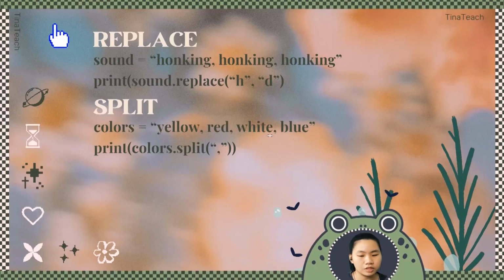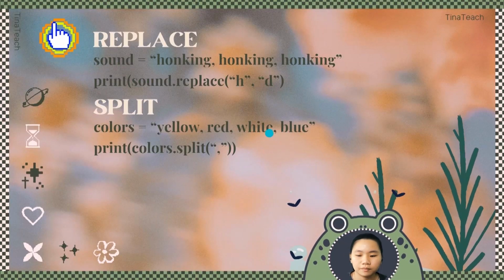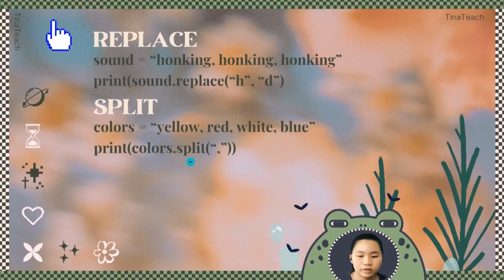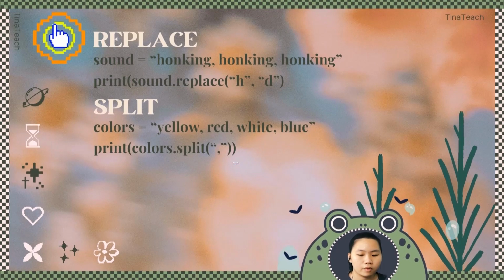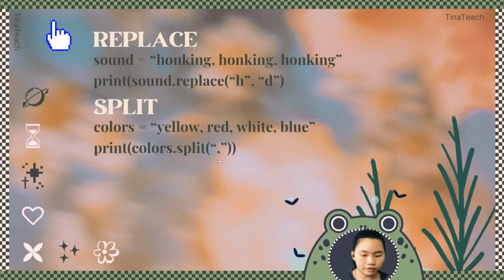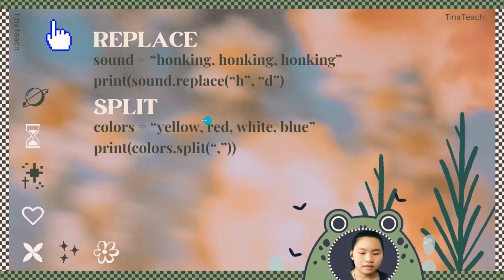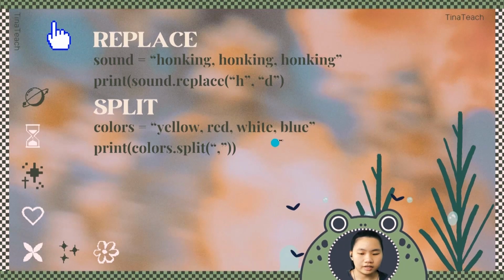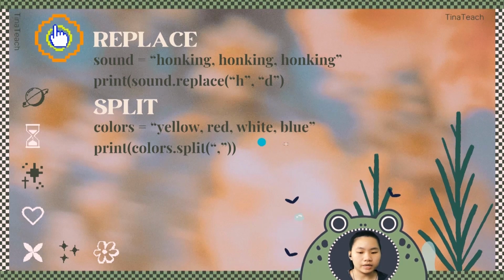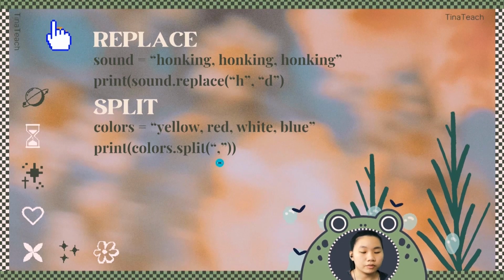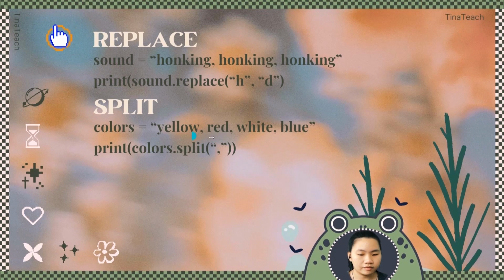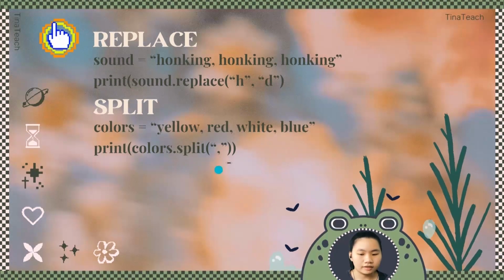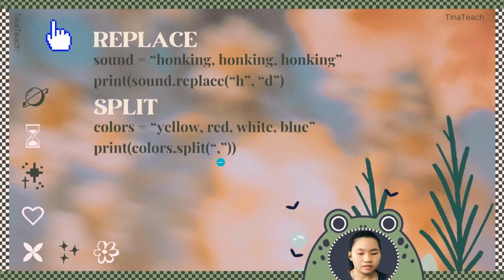Like you don't want them to be doing stuff together, let's say. And you can use the keyword split. Now, the argument or the parameter for the split is the separator, okay? Since I have a comma right here that separates yellow, red, white, and blue, my separator would be a comma. However, if you don't have a comma and you would have a space, for example, then you can just simply put the space in here.